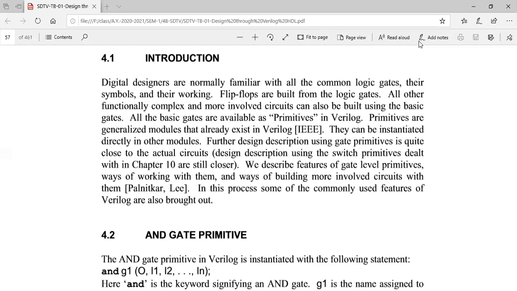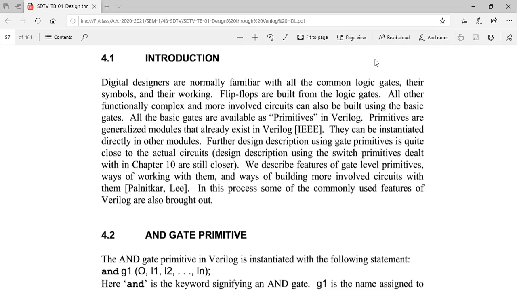You already know the common logic gates and their symbols and their working, and flip-flops. So a digital designer will know what the common logic gates used are.